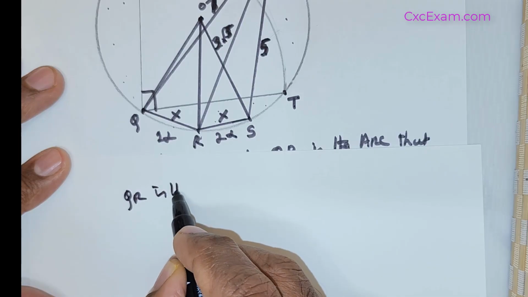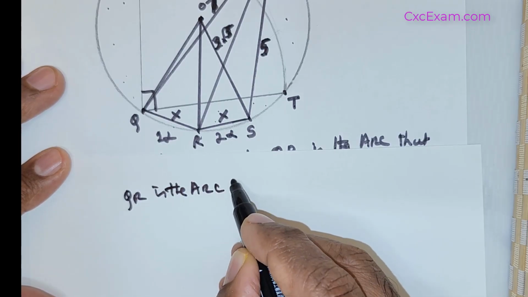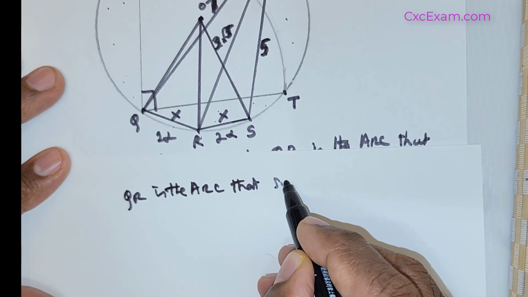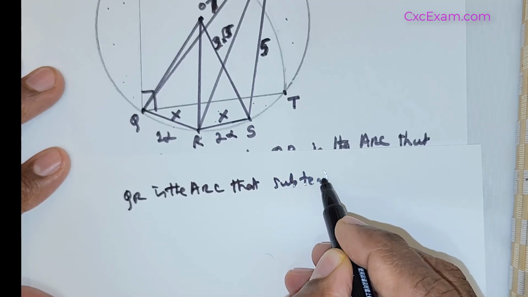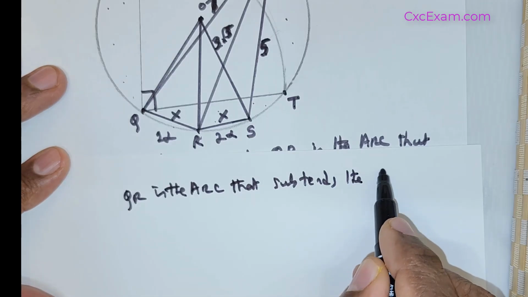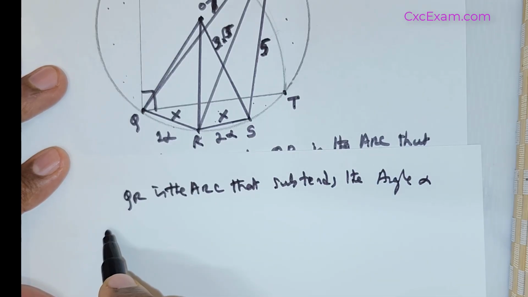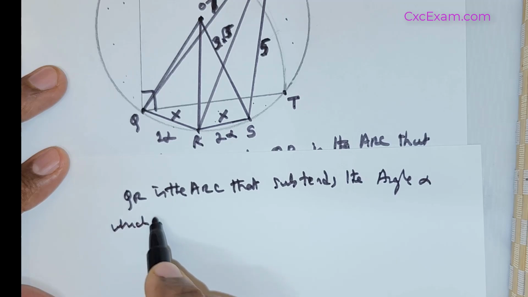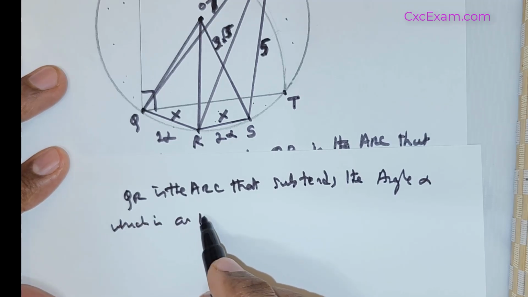QR is the arc that subtends the angle alpha, which is an inscribed angle.